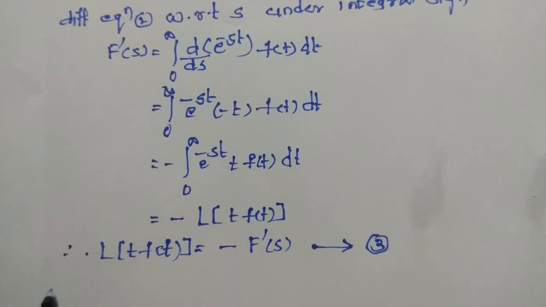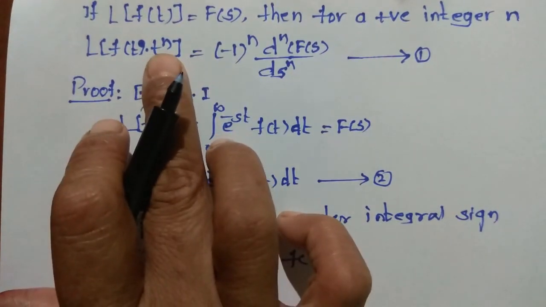Now, case 2 is for n equals m. That is, you have to replace n in the given statement by m.